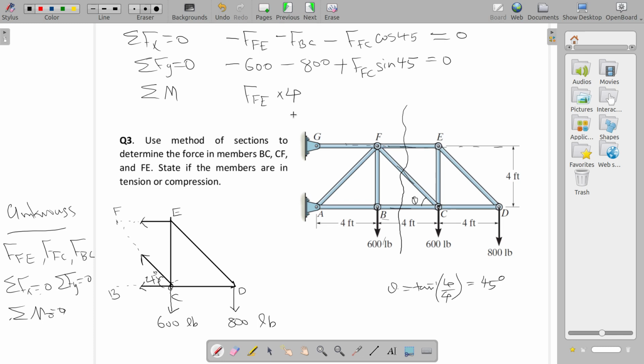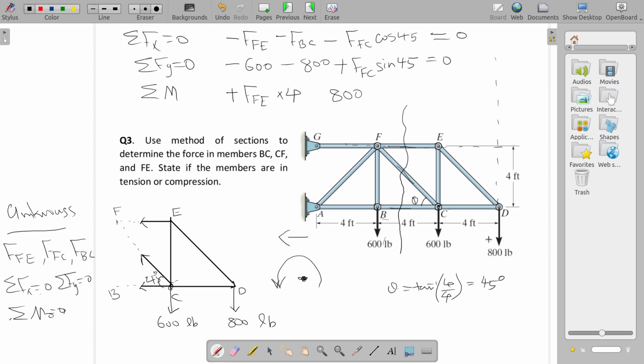What is the sign of it? About this point, about C, FFE is in this direction, so it's tending to rotate the structure about this point, about which we are taking moment, in anti-clockwise direction. So anti-clockwise means positive. And next you have 800 pound force. What is the line of action of 800 pound force?